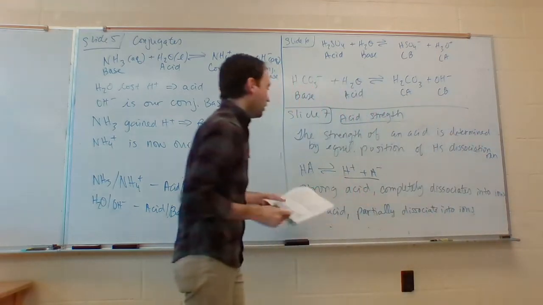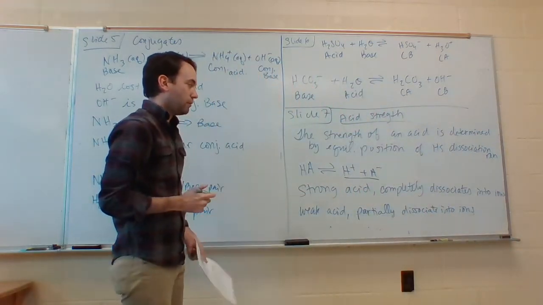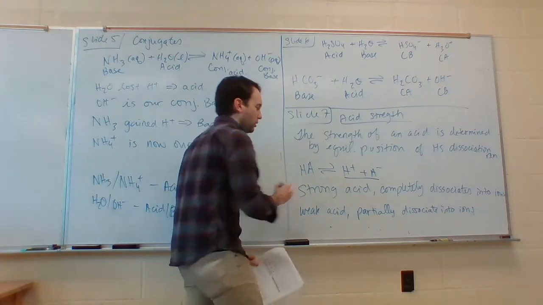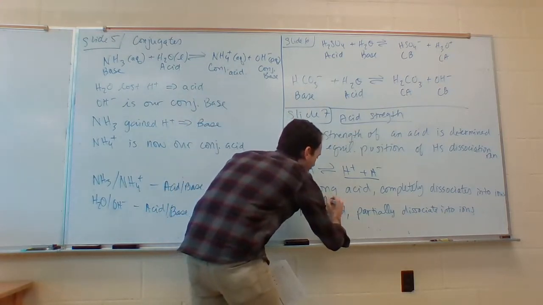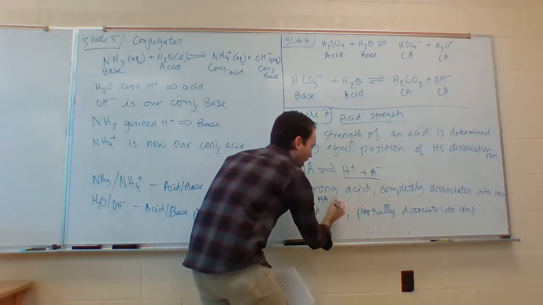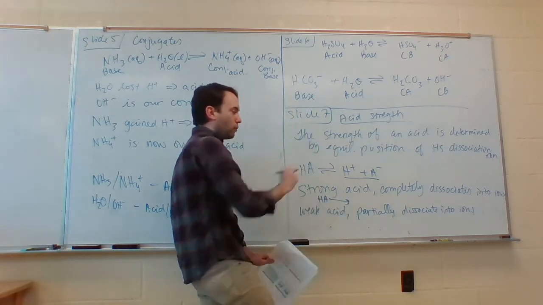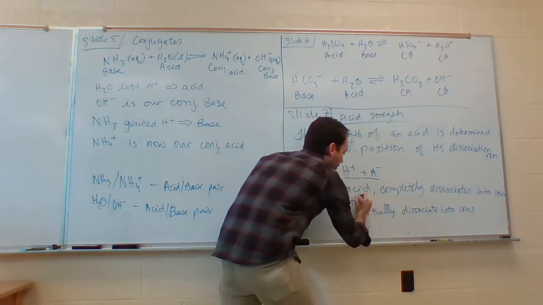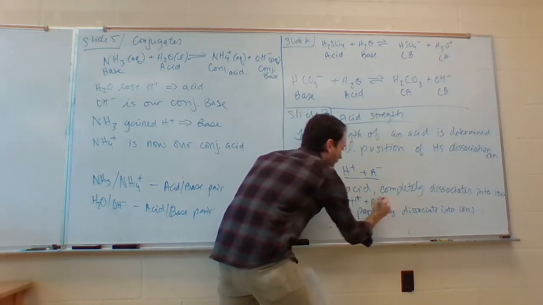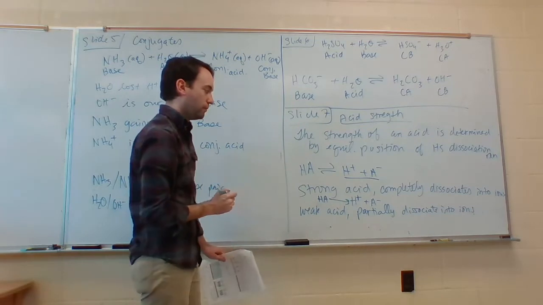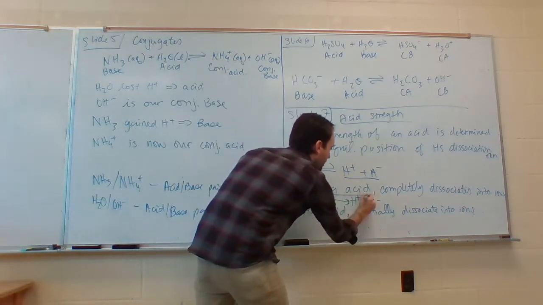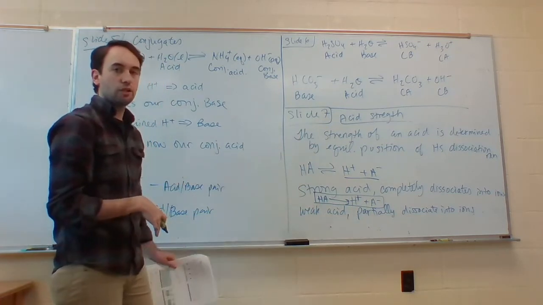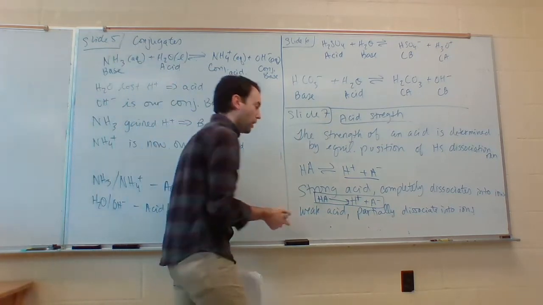Now, if our HA completely dissociates when we put it into water, that means that rather than having an equilibrium, our HA just has a single forward dissociation arrow to H plus and our A minus. So there's no equilibrium. For strong acids, it's going to completely split up and it's not going to go back to our HA unless we removed all the water.